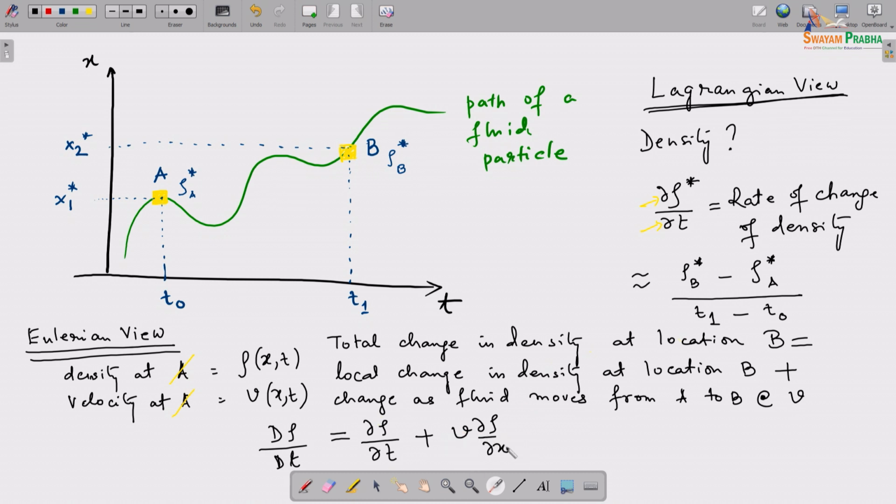So that is why I said del rho del x, which is kg per meter cube per meter, right. So the change in density per unit change in length. That is your del rho del x, right, and how fast does this change happen. This del rho del x will be given by the velocity, and when you combine the two it is basically giving you the total change. It has the same units as del rho del t.